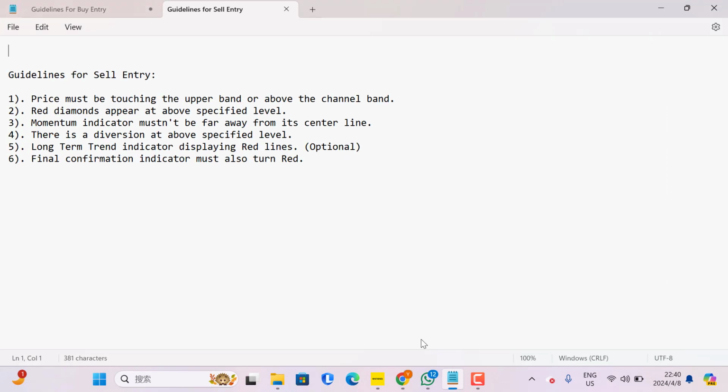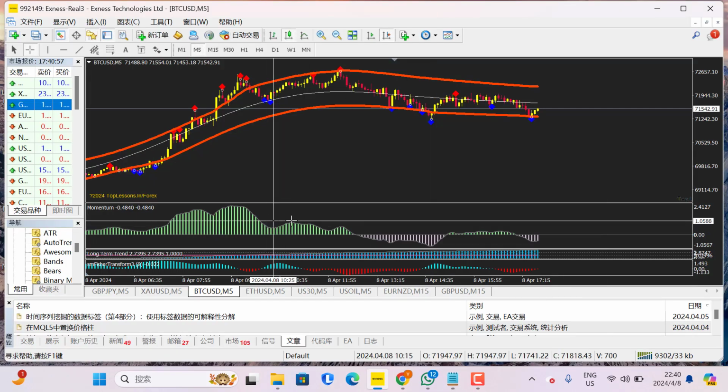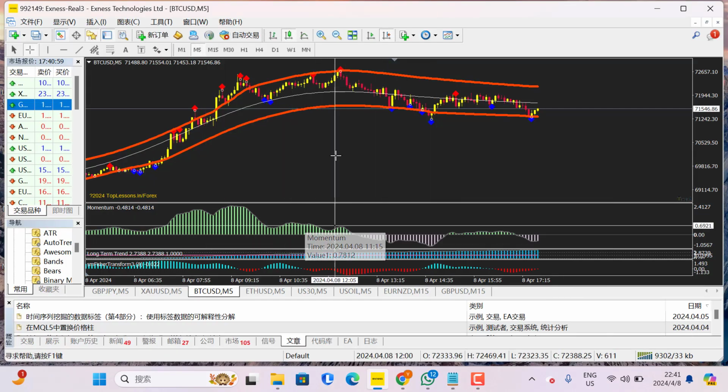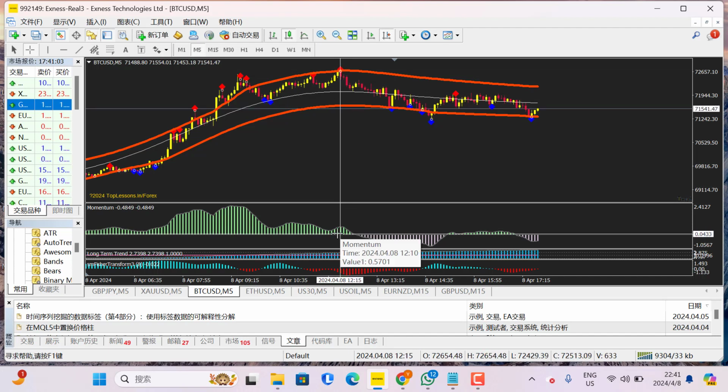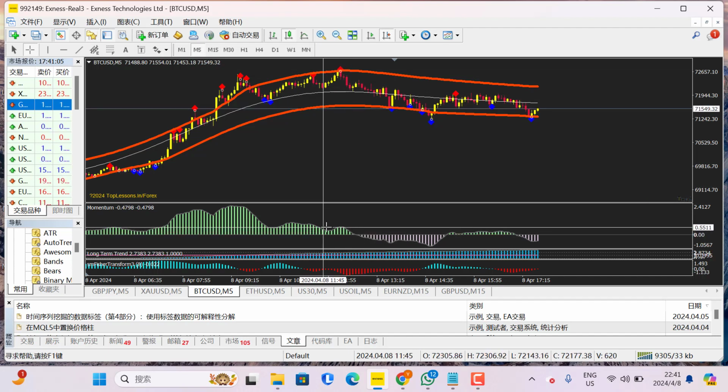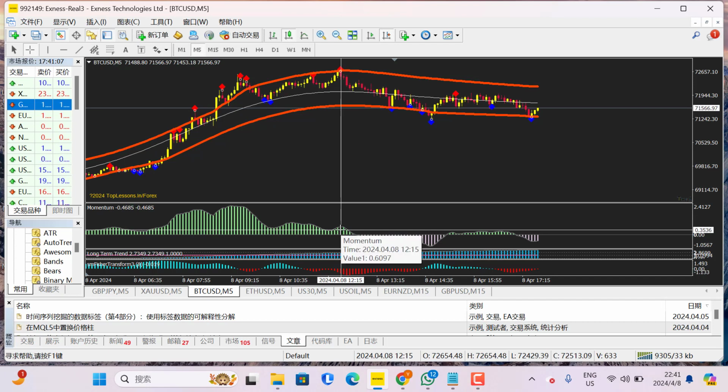Now let's move to our third condition, that is the momentum indicator must not be far away from its central line. This is the momentum indicator, and for this candle you can see that this is the center line, and it is not far away from its center line.